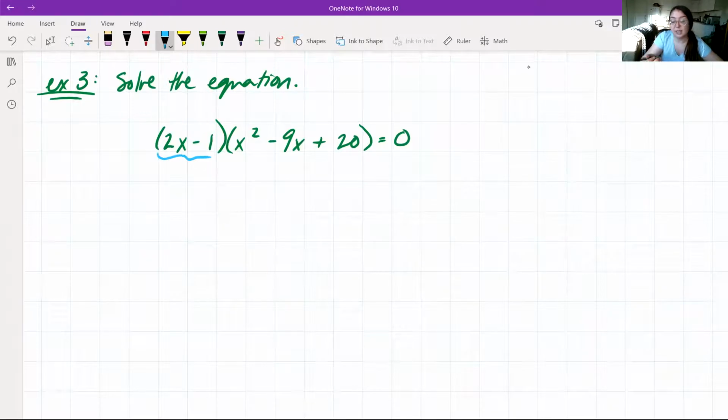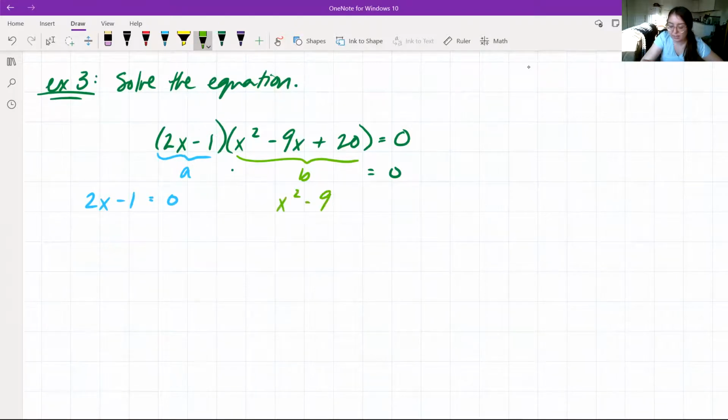So we can go ahead and say that 2x minus 1 is a, and x squared minus 9x plus 20 is b. So this gives us that 2x minus 1 is equal to 0, as well as x squared minus 9x plus 20 is equal to 0.